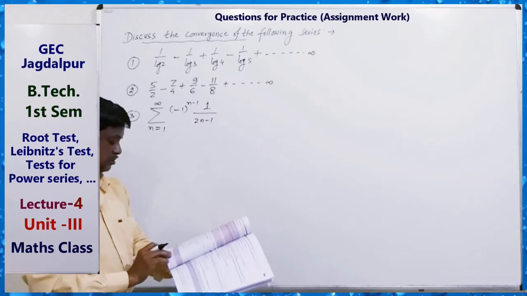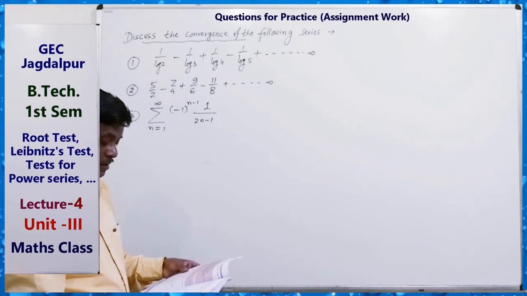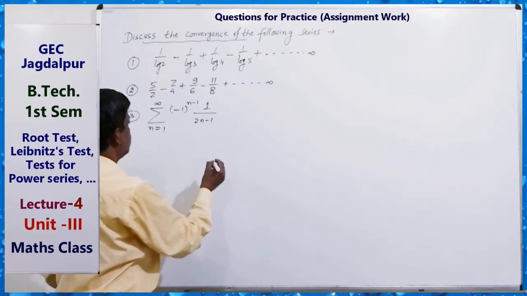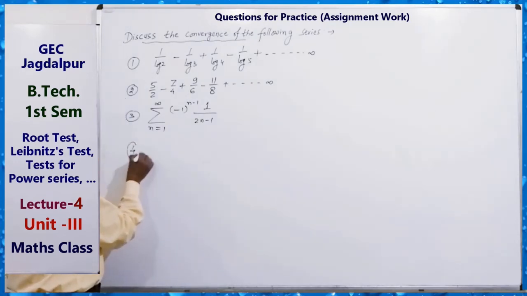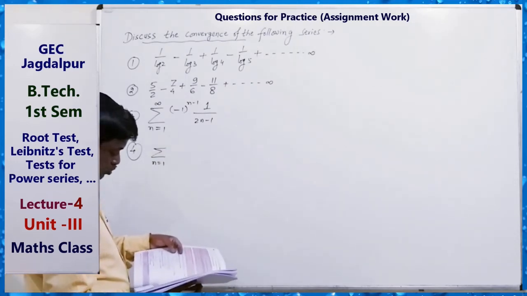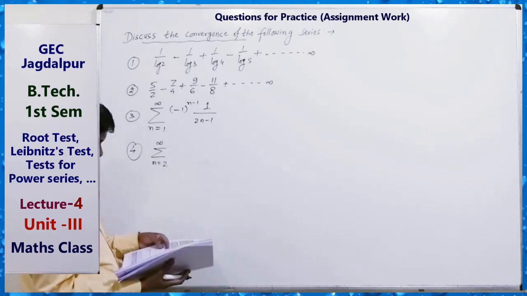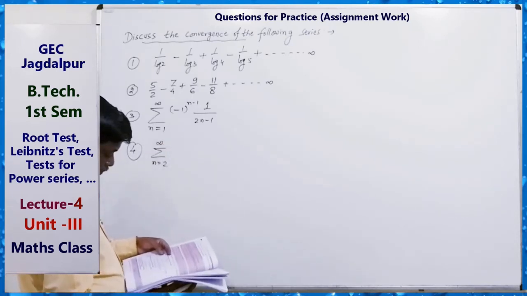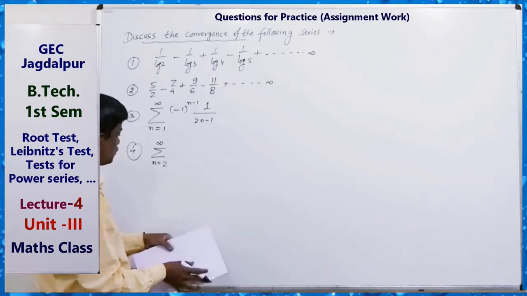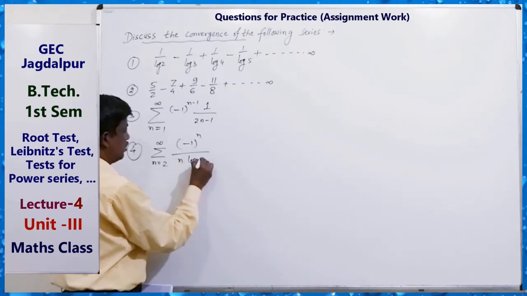And fourth, sum of n equals 2 to infinity, minus 1 to the power n, 1 upon n log n square.